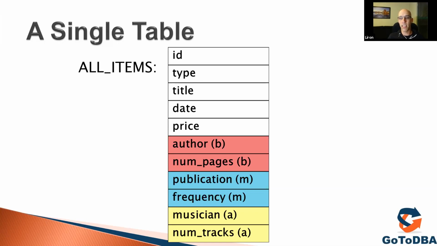And then for magazines, we'll have publication and frequency. They will have data, but author, number of pages, musician, number of tracks will be null, and so on and so forth. So every product will be inserted into the same table, but different columns will be null or have values, depending on the data type.